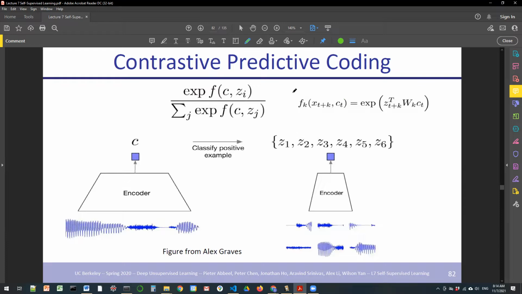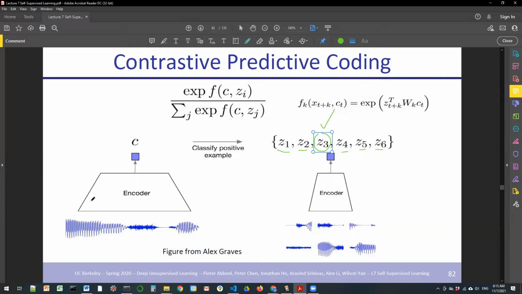So this is just basically the math behind it, and essentially it just says, by what I just explained, let's say there are a bunch of Zs, and if there is one positive Z, then we want the classifier to pick this positive Z and classify it as the positive example, and all these negative Zs as the negative examples.